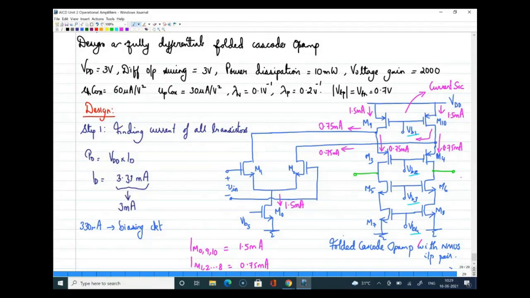We are not dividing the current depending on the resistance seen from both sides. The input pair should also carry a larger current, because finally we need to achieve a specific gain. To have a good gain, you should have sufficient gm, so you need sufficient current through the input transistors.